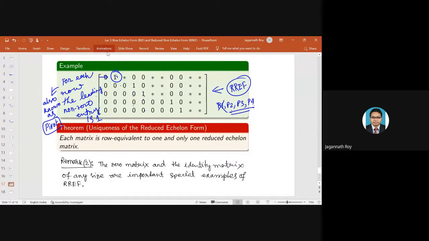Now this question you may ask is whether the row echelon form is unique or not. There is a theorem which guarantees that the row echelon form of each matrix is row equivalent to exactly one and only one. So this would be unique.